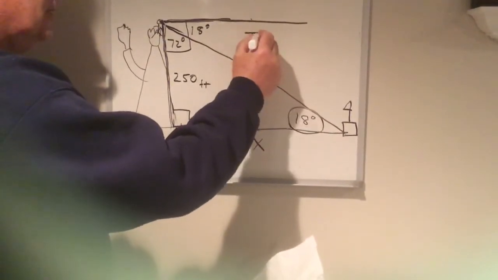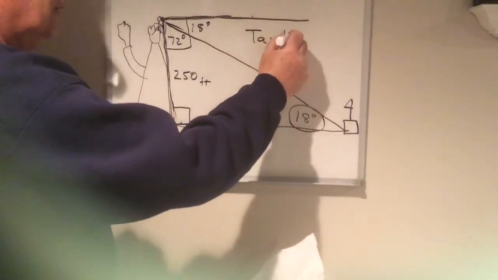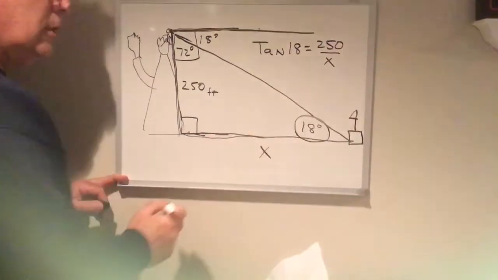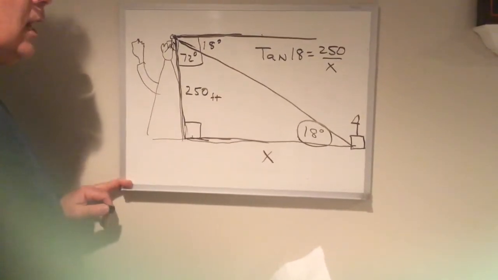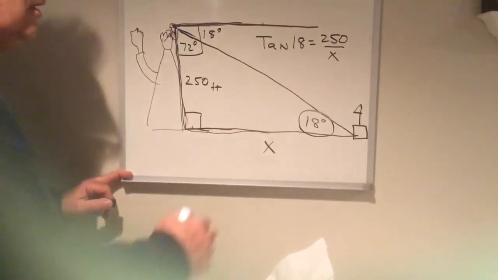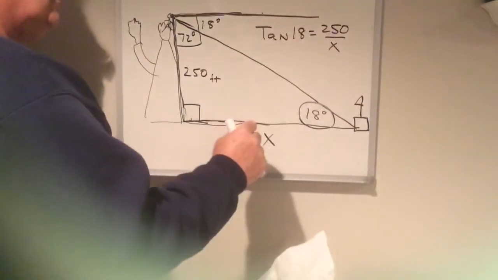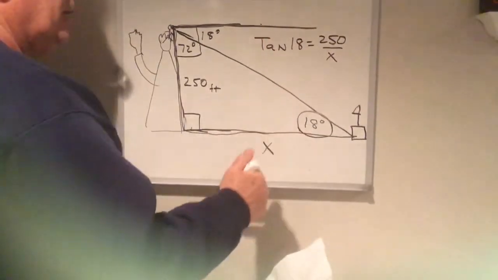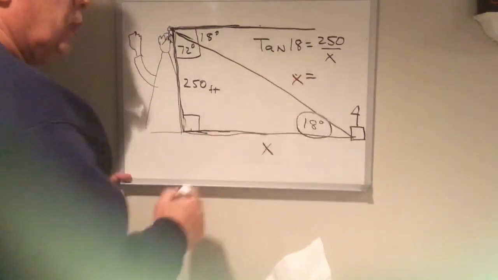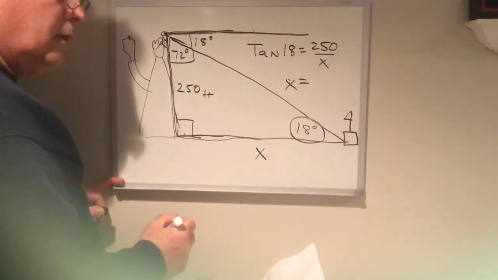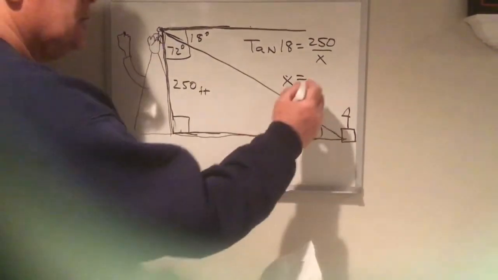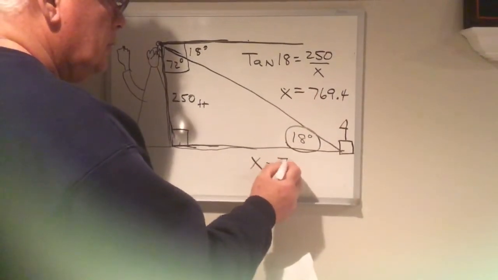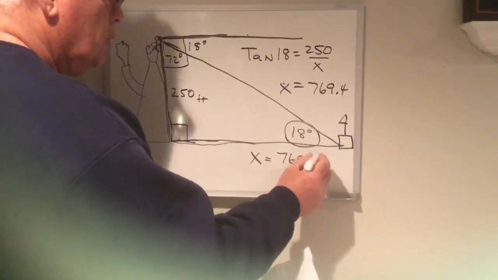Tan 18 equals opposite over adjacent. 250 is on top, so not times, but 250 divided by tan 18. When you do 250 divided by tan of 18, you get 769.4.